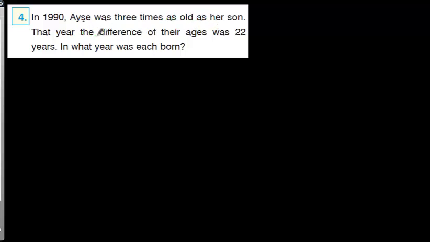That year the difference of their ages was 22. Okay. Now, what does it mean? In the 1990s, if her son is x years old, Aisha is 3x years old, isn't it?